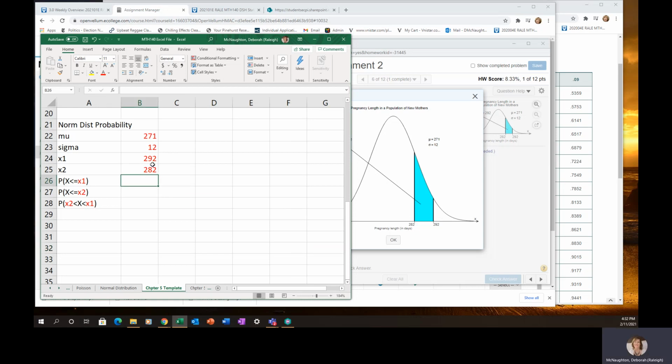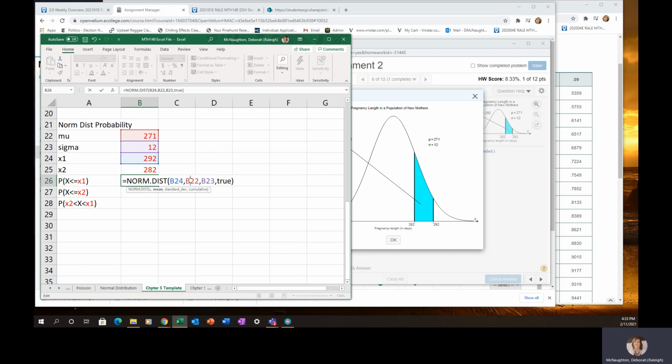So first I want the probability that X is less than 292. So I'm going to type equals norm dot dist, and then it's X, comma, mu, comma, sigma, comma, true.